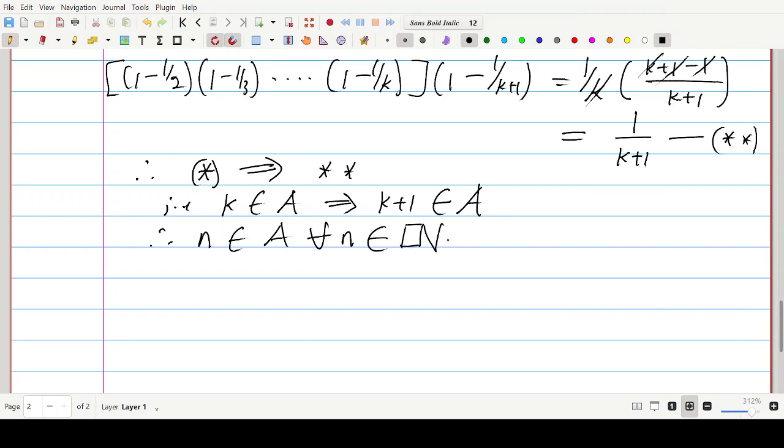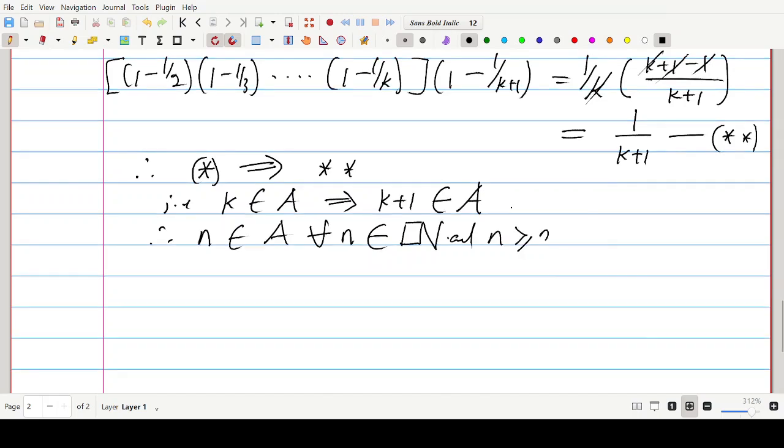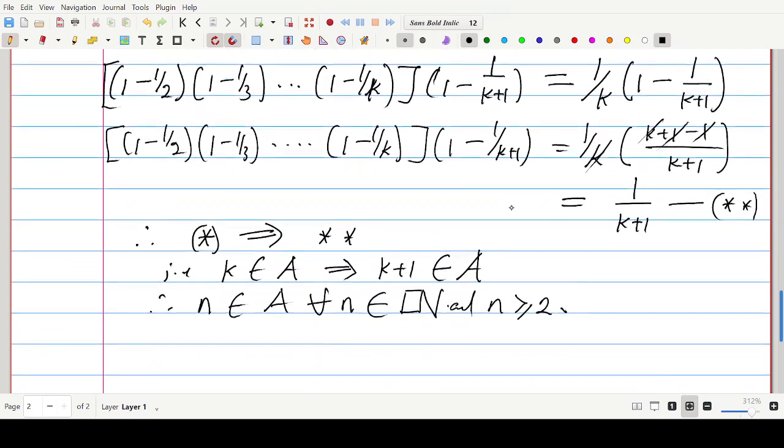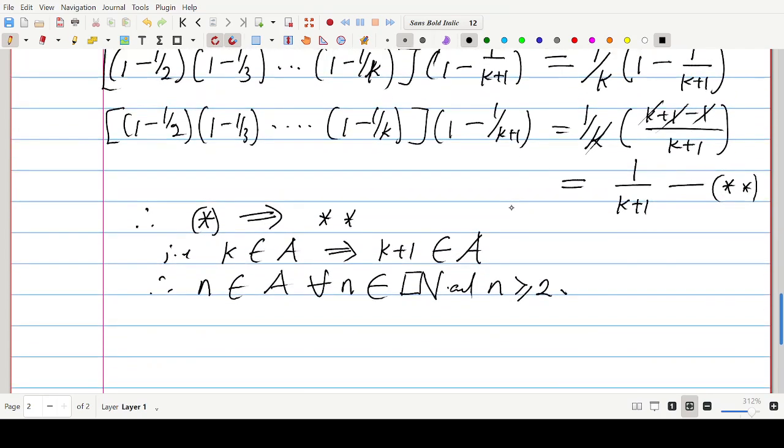So these have shown that the statement is true for all n bigger than or equal to 2. Don't forget that. All right. So we have established the fact that the statement is true for all n bigger than or equal to 2.